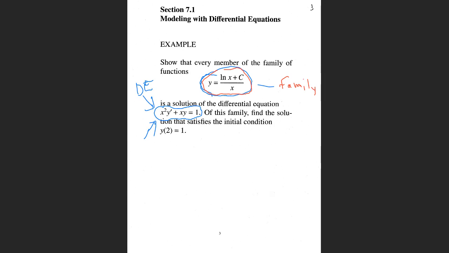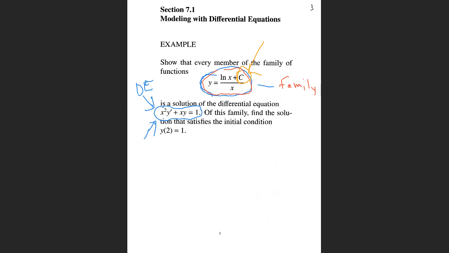That's right. Good, Leping. There's a constant C here. So that constant could be any constant, and that means that there's an infinite number of solutions. Now, all the solutions have a log of x and an x in it, but that constant could be any constant.